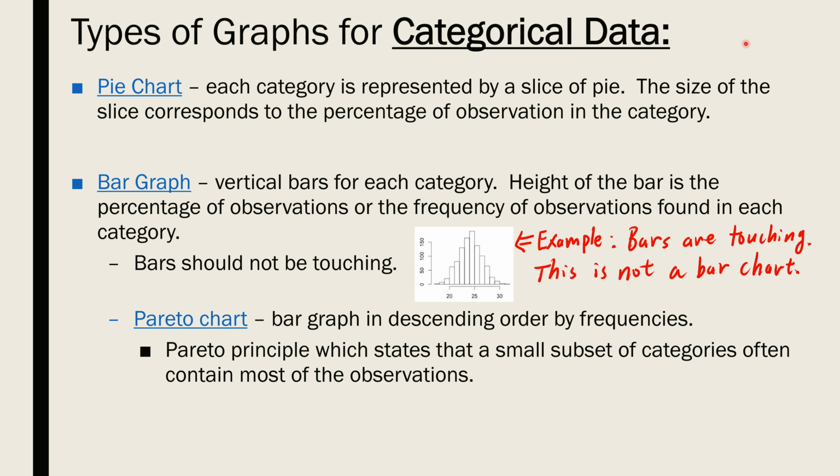Here are common types of graphs for categorical data. First, pie chart. For pie chart, each category is represented by a slice of a pie. The size of the slice corresponds to the percentage of observations in the category.